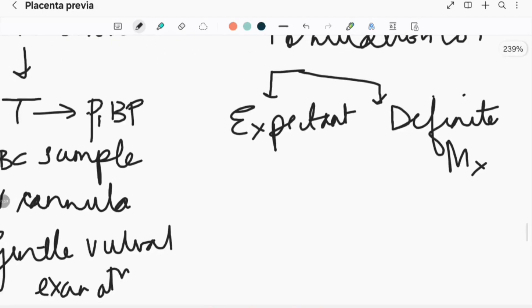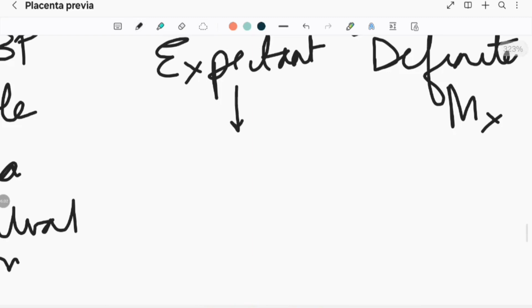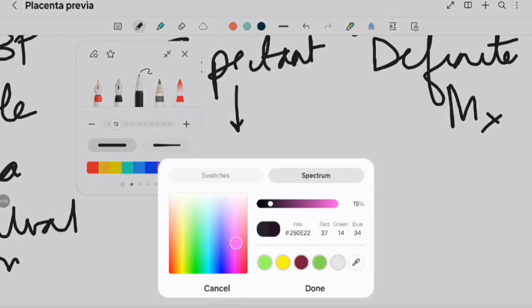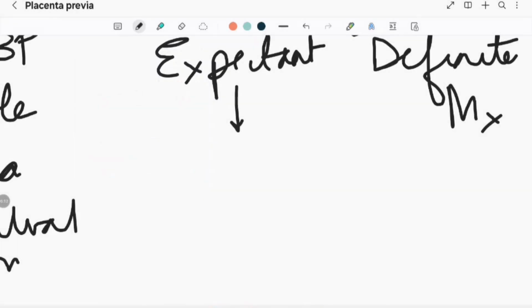Then expectant management. Expectant management has two parts. There is a criteria called as the McAfee.